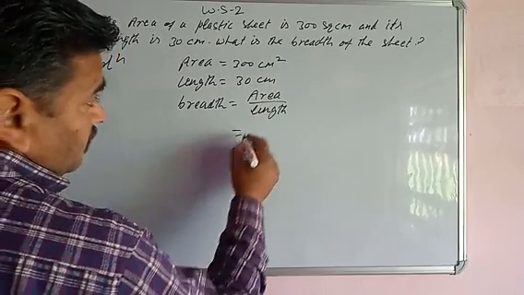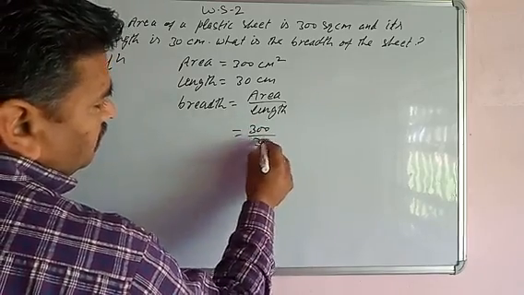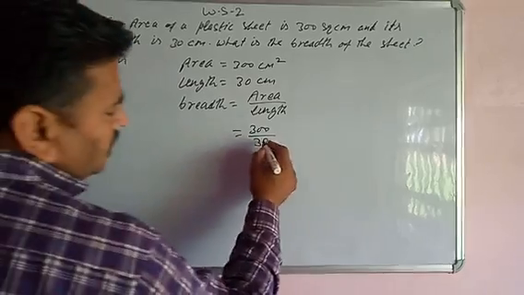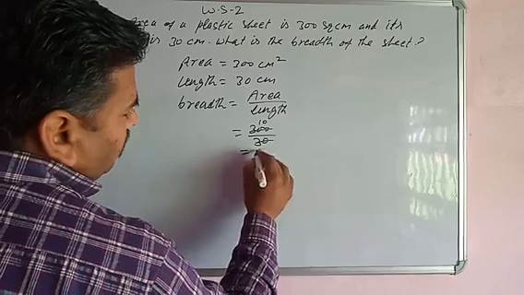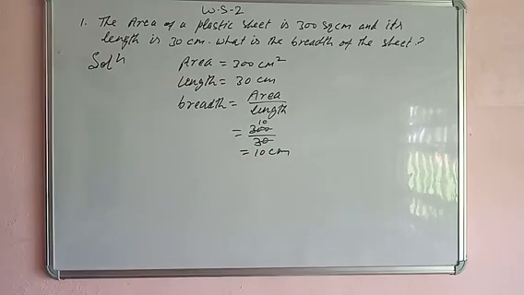So area is equal to 300 square centimeter and length is 30. So we will divide 300 by 30, so we will get 10. So breadth is equal to 10 centimeter. So in this way we use this formula to find breadth. In this question we have divided area by the length. So when we divide area by length, we get the breadth.